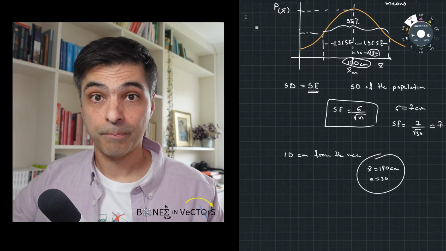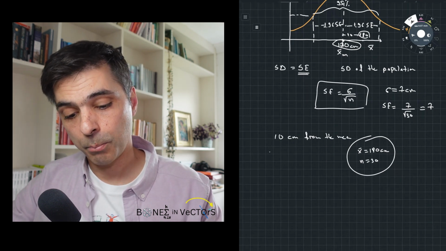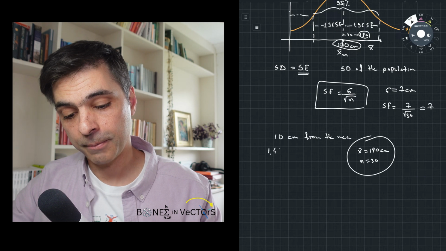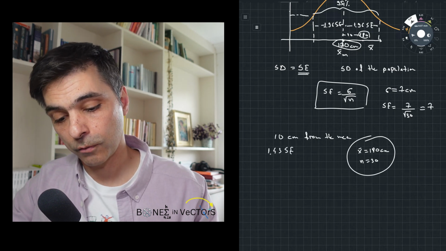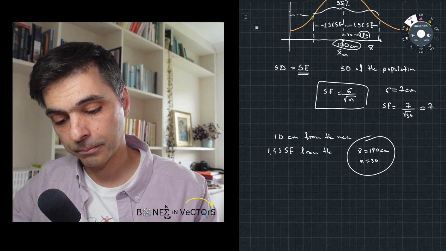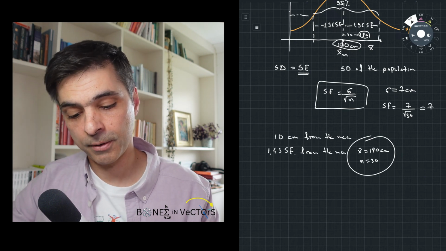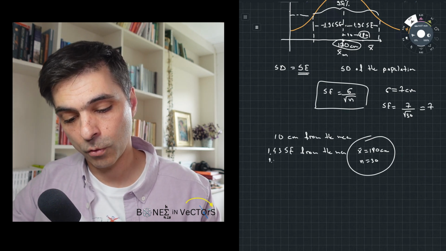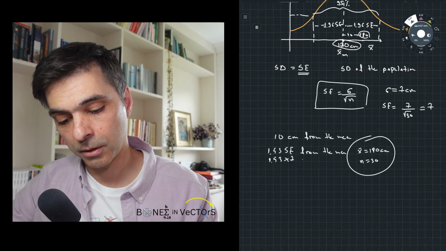That means that it's almost 1.43 standard errors from the mean. Why? Because the standard error we said is 7, and 1.43 times 7 is almost 10.